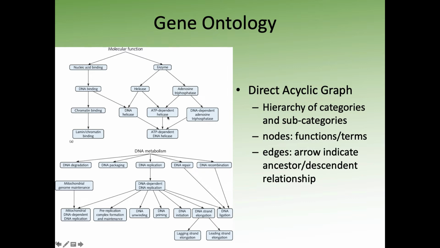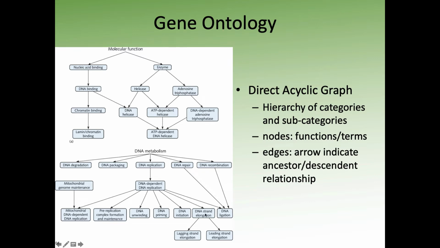So in other words, if we have a helicase, right, we could either have a DNA helicase or an ATP-dependent helicase, right? And if we had DNA binding, we could have examples where we had chromatin binding and a DNA helicase, and they would both be doing protein binding. So, when we think about DNA-dependent DNA replication, right, there's a whole bunch of different subcategories of that.